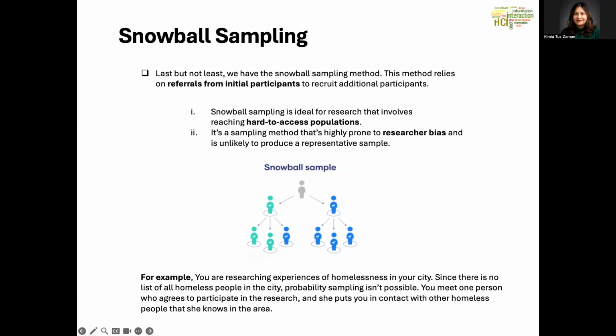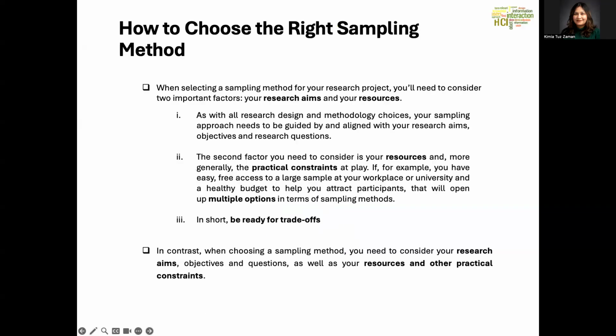People tend to refer others like themselves or their friends. For example, studying experiences of homelessness, we begin with one or two participants, who then connect us to others in their network. So it's often practical, but we should be careful about generalizing the results to the whole population.